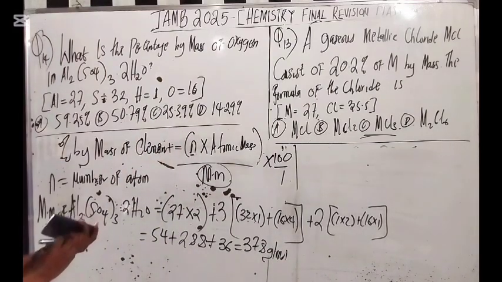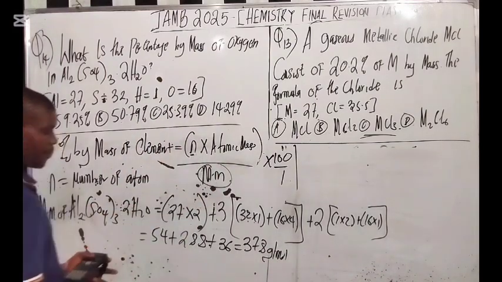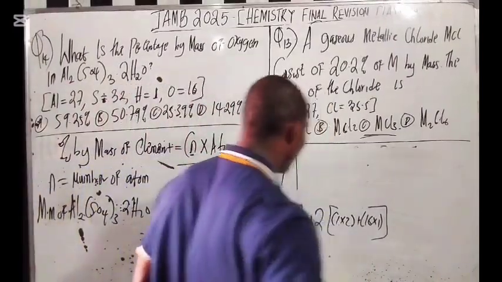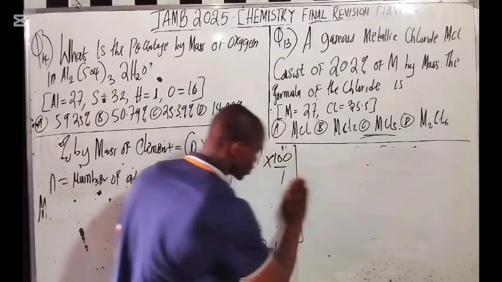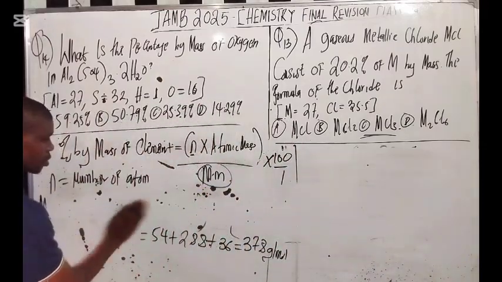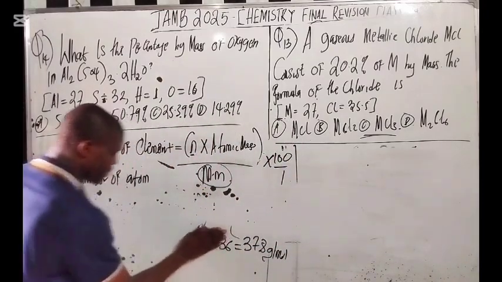So we are calculating the molar mass of the compound here, right? So I can just write this out. I just say molar mass. So you can say molar mass of the compound.